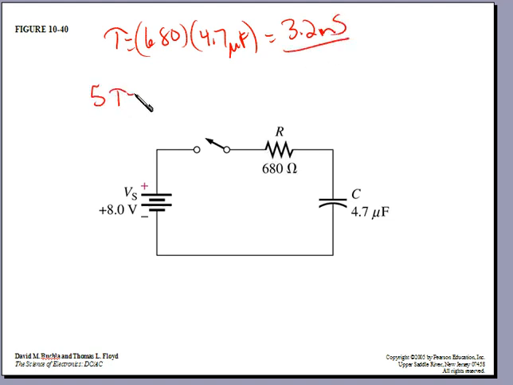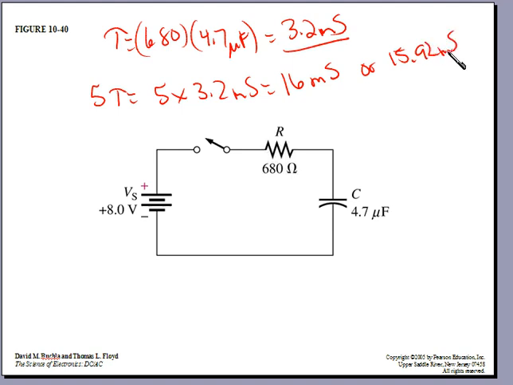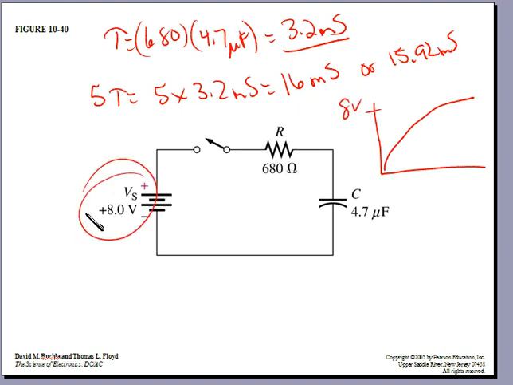So it's going to take a total of 5 times 3.2 milliseconds, which is 15 or 16 milliseconds, or 15.92 milliseconds. And again, this is charging. It's going to reach 8 volts. It's going to take about 16 milliseconds to get there.